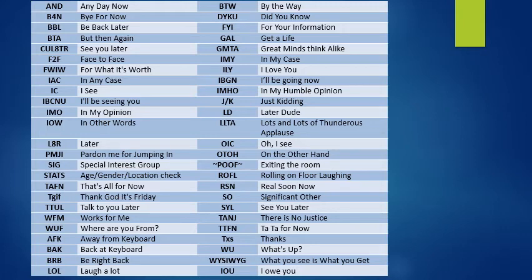So then you also get LOL, laugh out loud. BRB, be right back. BAK, back at keyboard, and so on. So some of this is really easy. So an acronym, you get your words or your phrase and you use the first letter of each word, and that makes an acronym. Okay, so let's practice it a little bit.